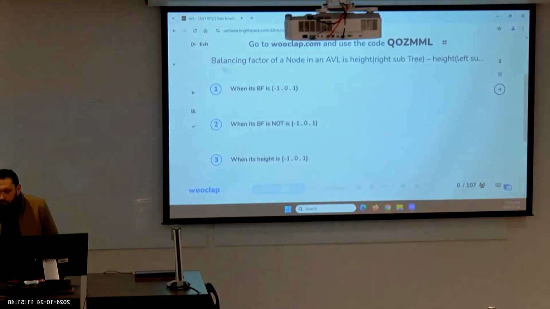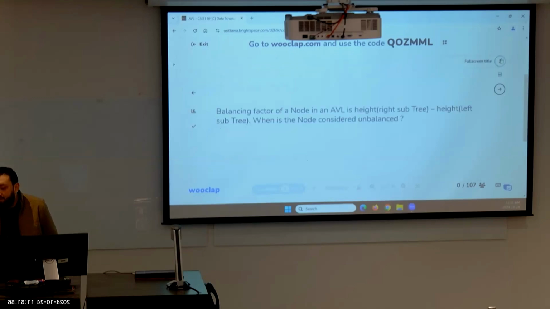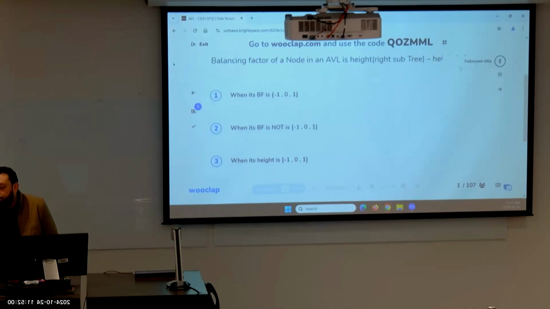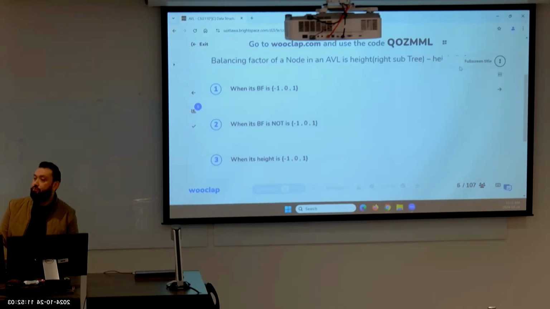Balancing factor is what of a node? We said to calculate it, it's the height of the right subtree minus the height of the left subtree. When is the node considered unbalanced? In which case? When the balancing factors are -1, 0 or 1, or when they are not -1, 0 or 1, or should we look at the height of the nodes, not the balancing factor?